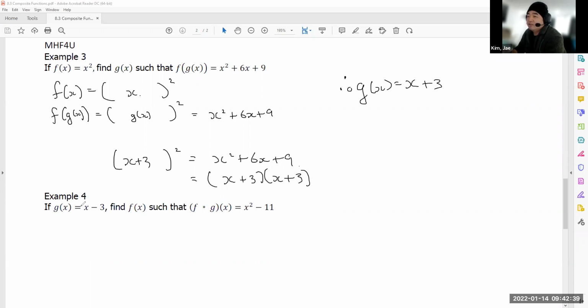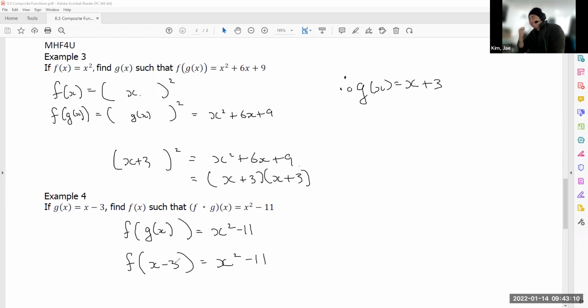Here's a slightly harder one. Same thing here. If g of x this time is x minus 3, find f of x such that f of g of x is equal to this. This might require a bit of reverse engineering, but that's okay.